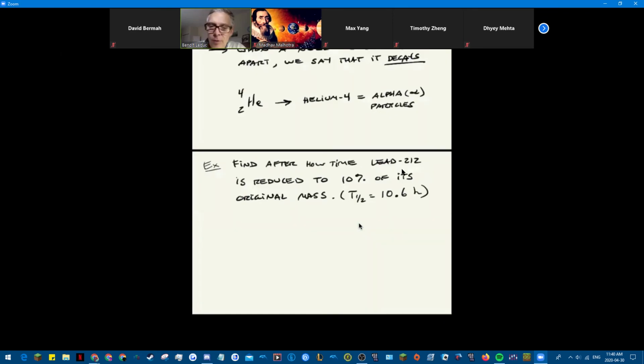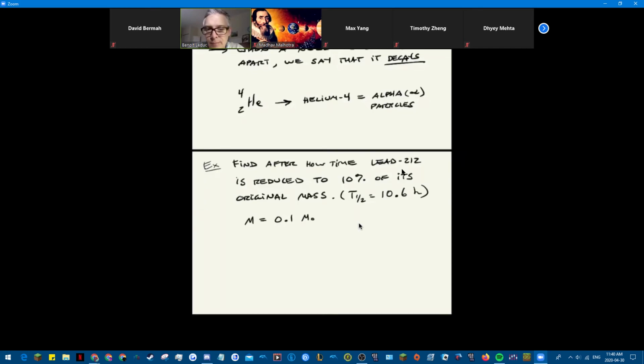Okay, so notice here, you're not given the initial mass, you're not given the mass after some time. But you want it to be reduced to 10%. So what does it mean here? It means that the mass after this much time is only 10% of what it was before, right?